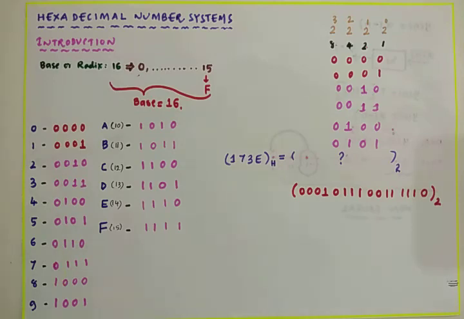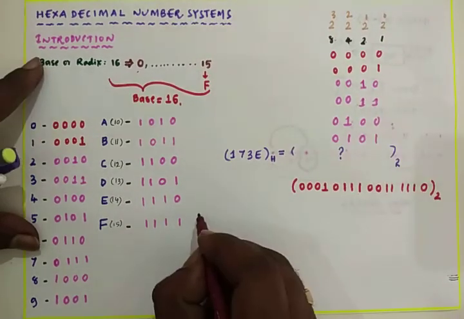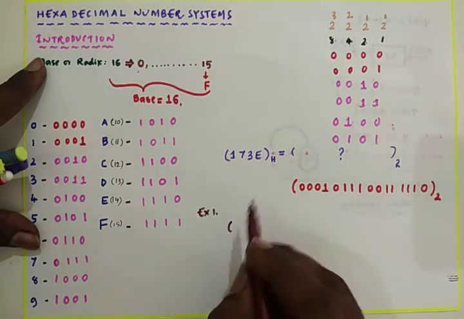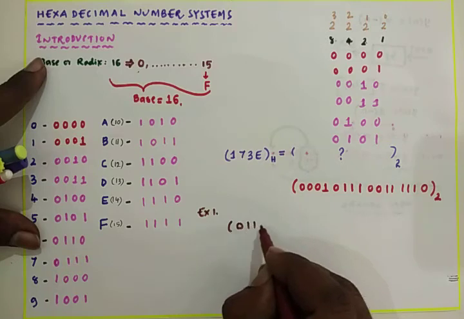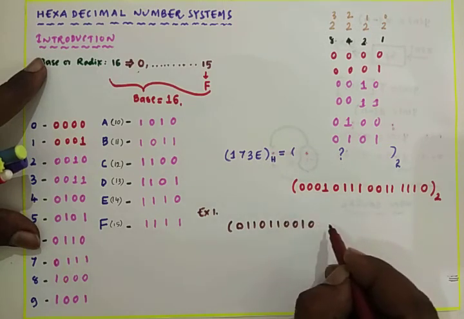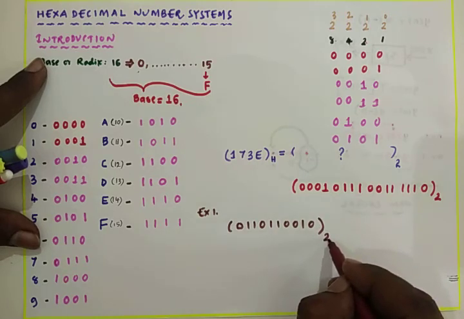First example. Example 1. I am randomly taking one value, 0 1 1 0 1 1 0 0 1 0. This is in binary form.